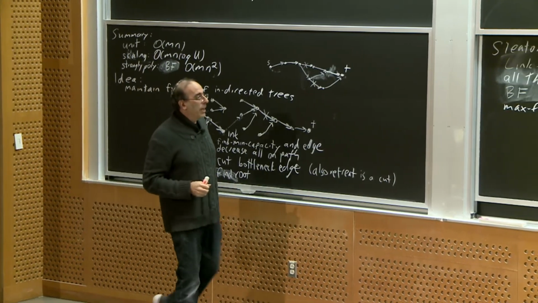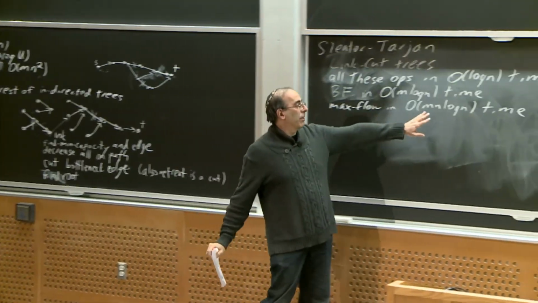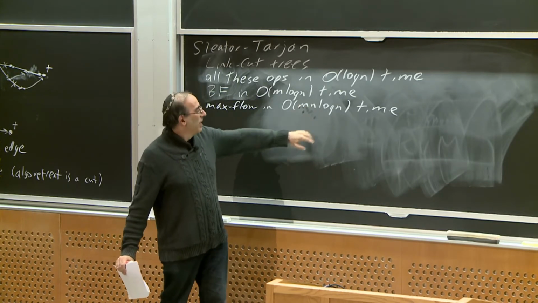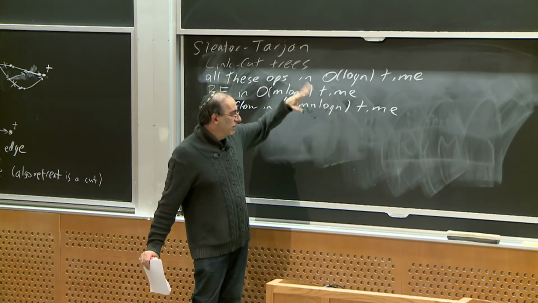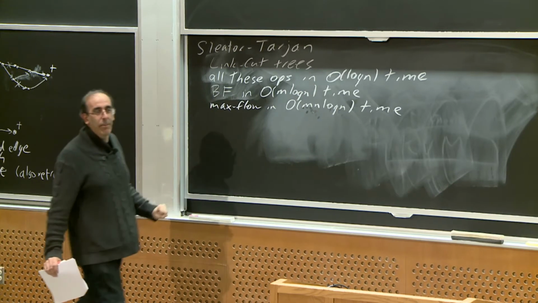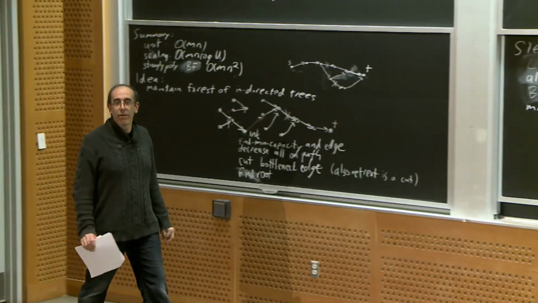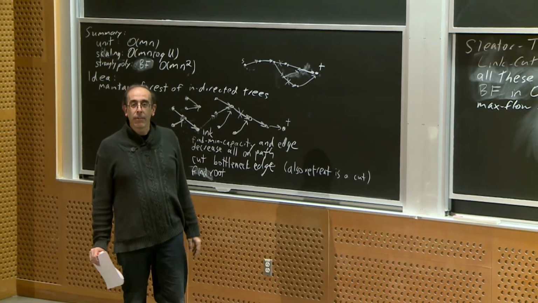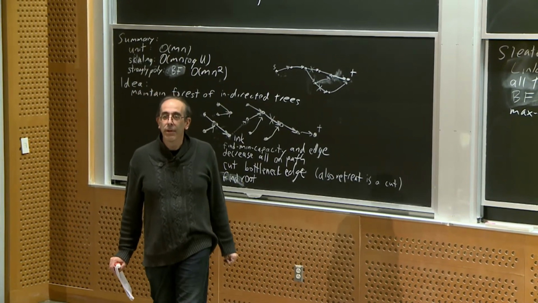In other words, we can get a strongly polynomial max flow algorithm, which again is basically order mn, right? It has an extra log factor, but who cares, right? It's basically the same mn bound as the naive augmenting path algorithms. Okay? Yes?